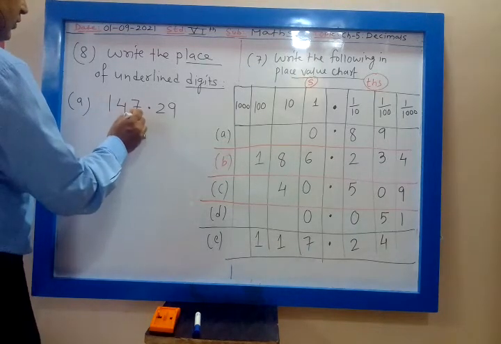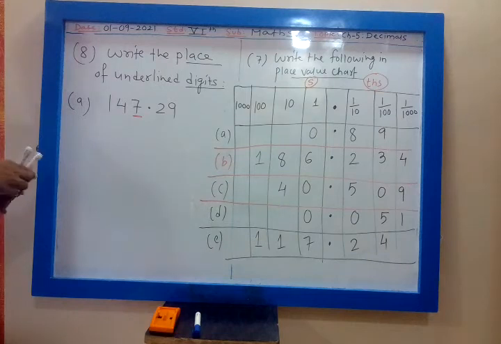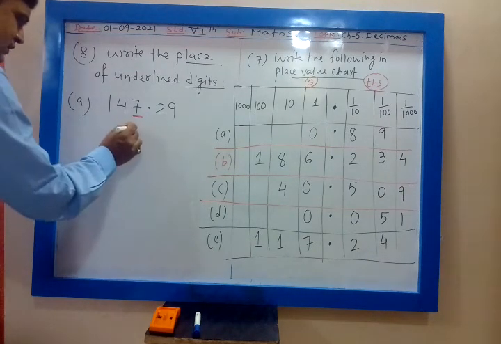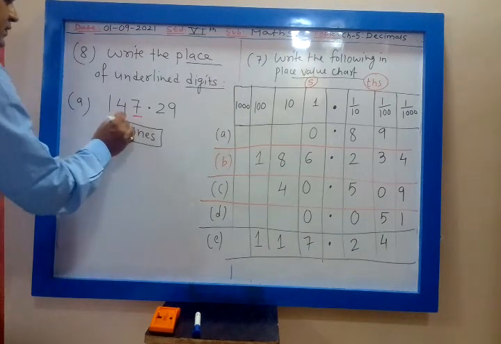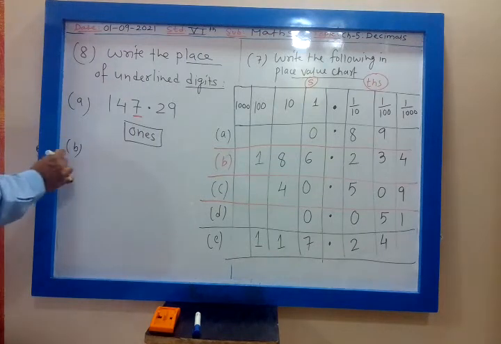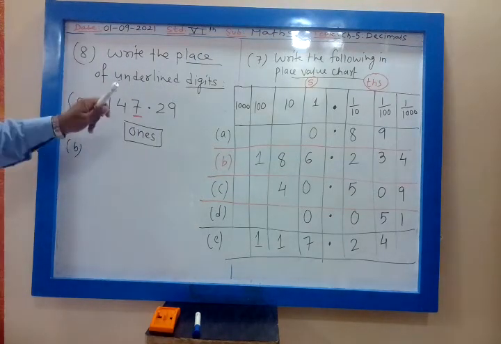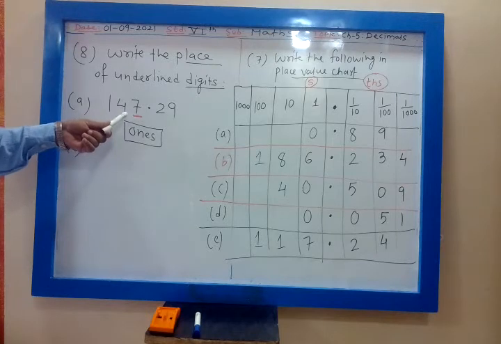What is the position of 7? What is the place of 7? Ones. 7 is at ones, so the answer is ones. Write it down in the question.